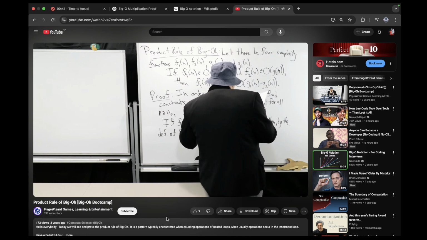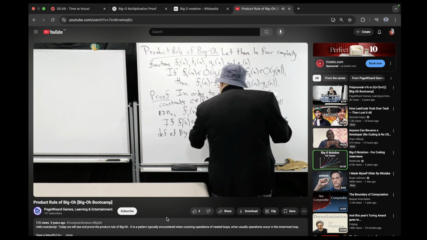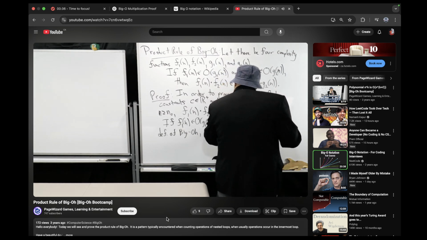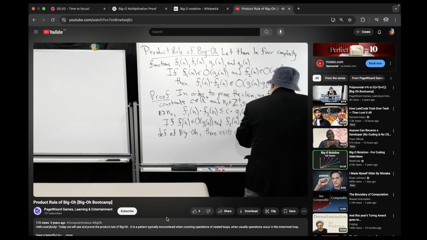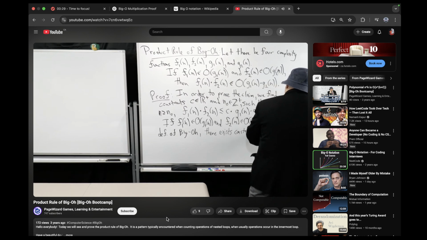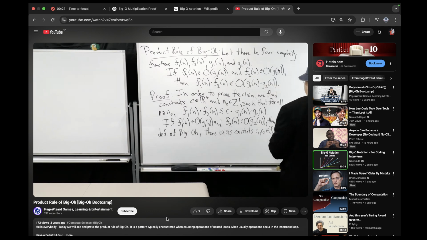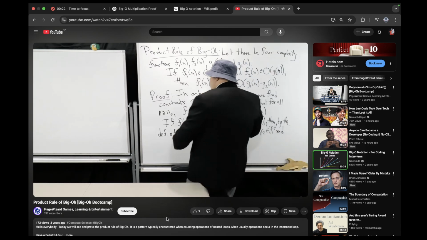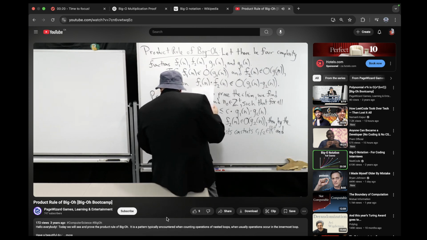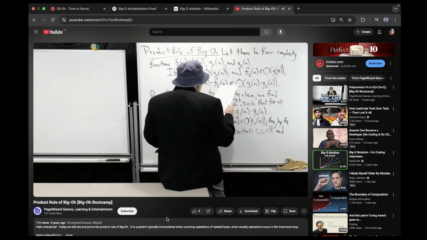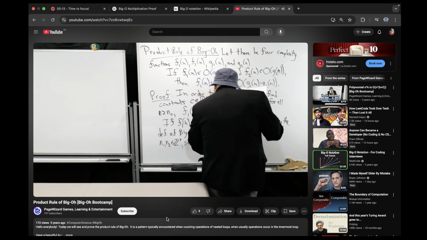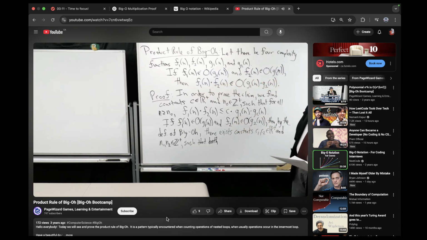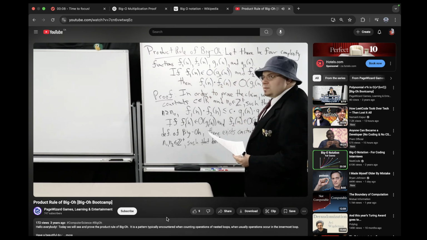By the definition of big O, there exist C1 and C2. I'm just giving them names. These are positive real constants, right? One for each invocation of the definition of big O. And N1 and N2, which are going to be positive integers, such that both the following things are true for such a statement.